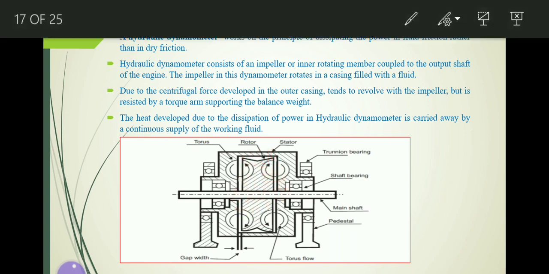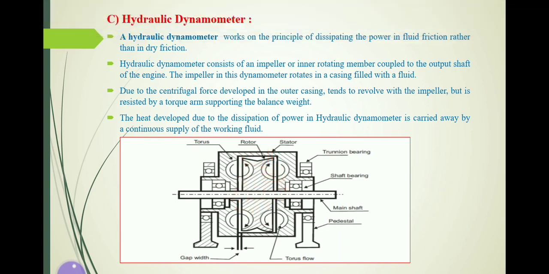Now if the engine shaft rotates, the main shaft rotates, and along with this main shaft, the rotor rotates. If there is no liquid between the stator and rotor, the rotor keeps rotating and no friction takes place. No resistance will be applied to the rotor and no resistance to this main shaft.